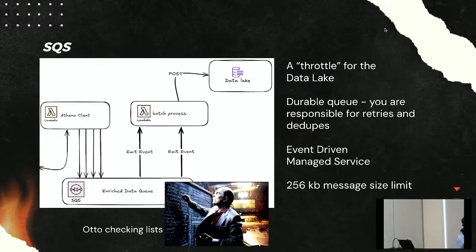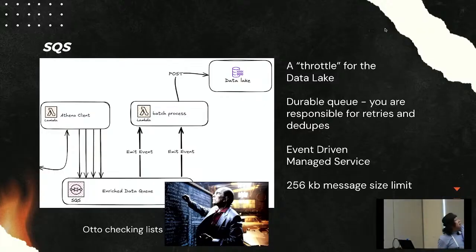So SQS is a way for me to handle the upcoming constraint of having to send this data and store it in an external data warehouse, right? It's outside of my network. So I don't want to overwhelm it, so I want to be able to batch it and throttle it before it leaves the queue. And the queue is there to also make sure that we don't drop messages.